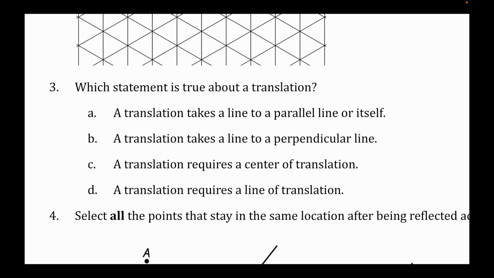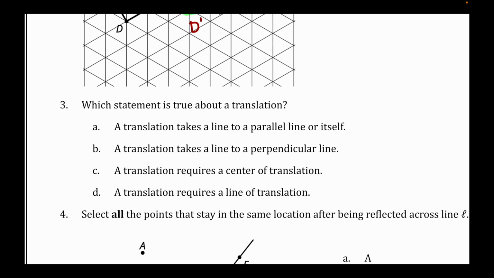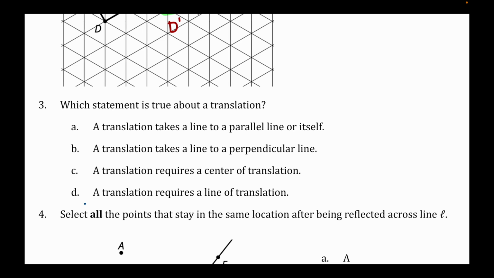So we know that a translation requires a directed line segment. So it's not going to require a line, it's just going to require a directed line segment. And a line and a line segment are very different. It also doesn't require a center because we just shift the whole thing.